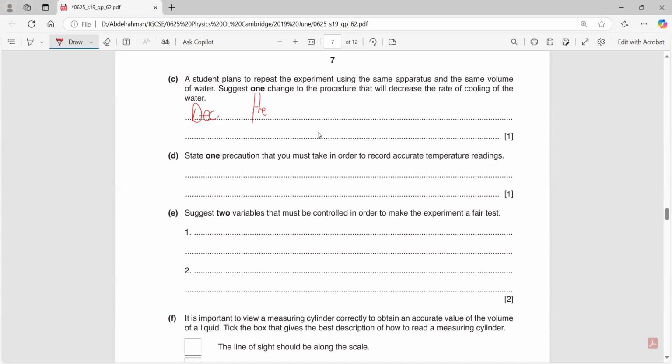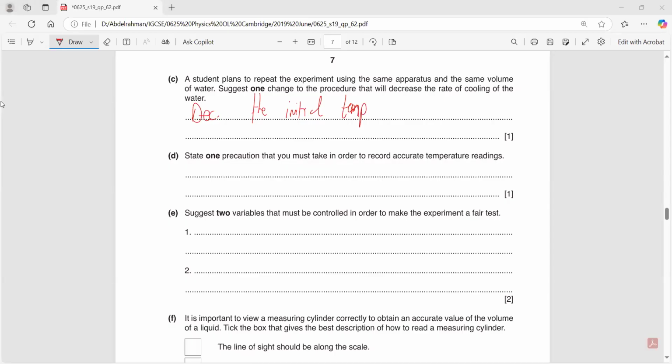Decrease the initial temperature. Nice. State one precaution that you must take in order to record accurate temperature readings.